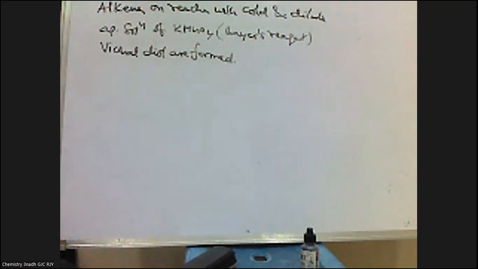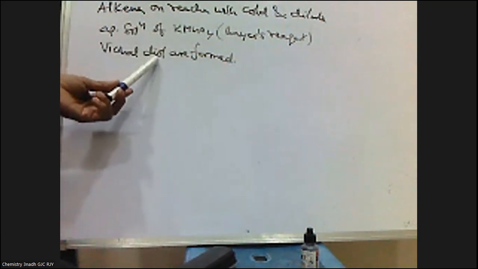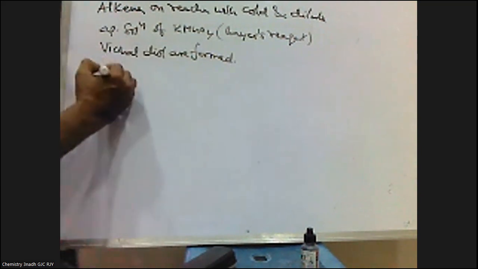So diols means dialcohols, and vicinal means on adjacent carbons.